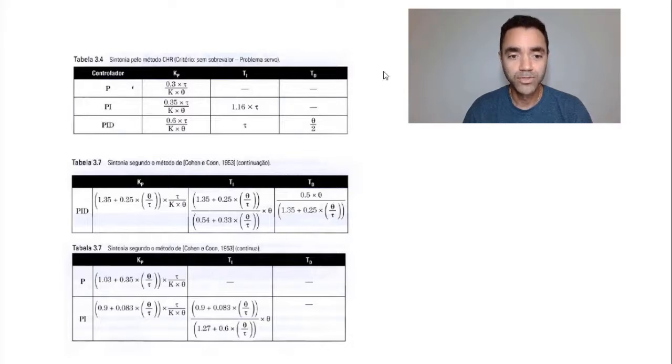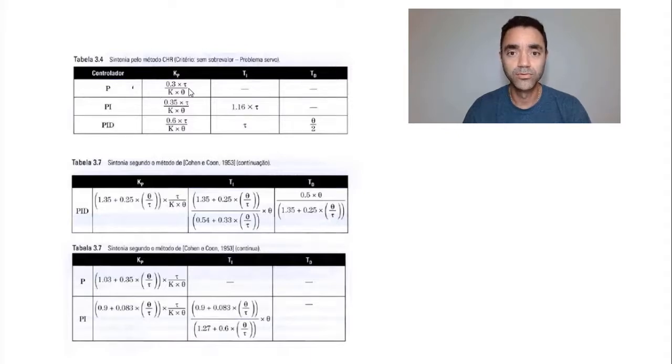The approach is very similar, using the time constant, the dead lag or dead time, and also the constant gain. The user is able to define the values that best fit the PID controller.